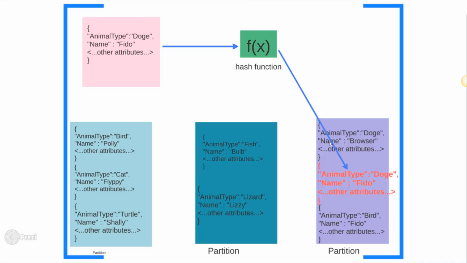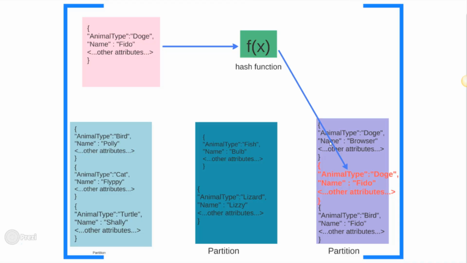In that partition, there could be several items with the same partition key value. So DynamoDB stores the item among the others with the same partition key in ascending order by sort key. To read an item from a table, you must specify its partition key value and sort key value.